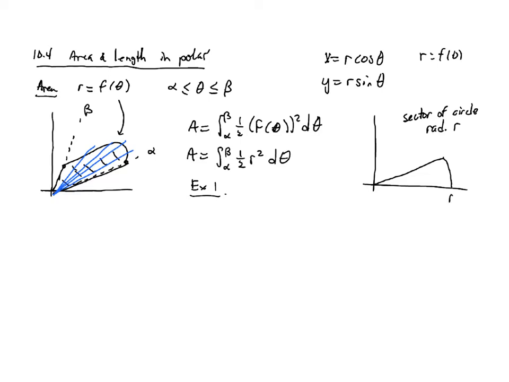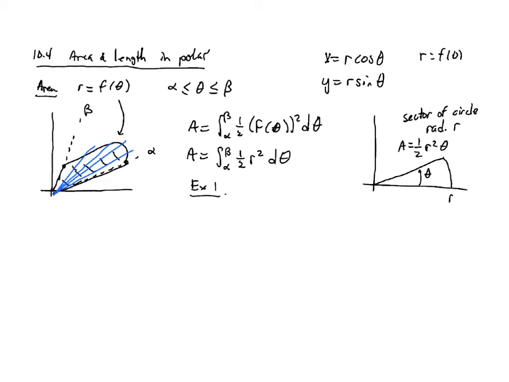The sector is the slice of pie that you get by slicing out an angle of theta, and the area for that sector is 1/2 r squared theta. Notice that there's no pi number in there.